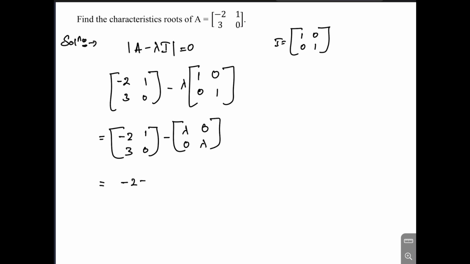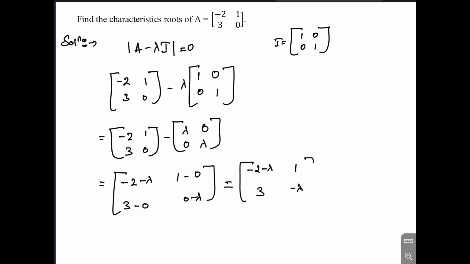So minus 2 minus lambda, 3 minus 0, 1 minus 0, as well as 0 minus lambda. After simplification we'll get minus 2 minus lambda, 3, 1, minus lambda.